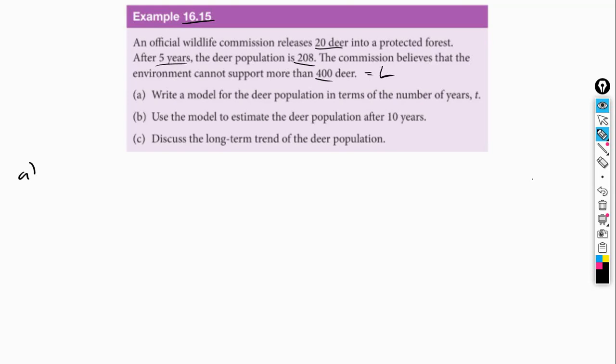So for part A, let's take into account that the rate of change of the deer population is going to equal some constant k times p times 1 minus p over the carrying capacity, which is 400, where p is going to be a number between 20 and 400.